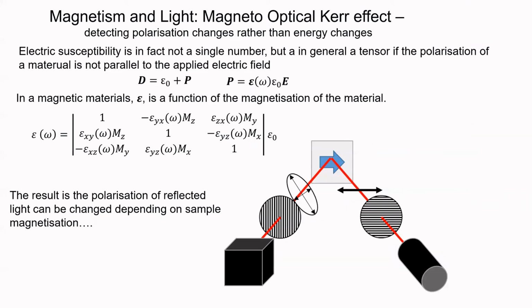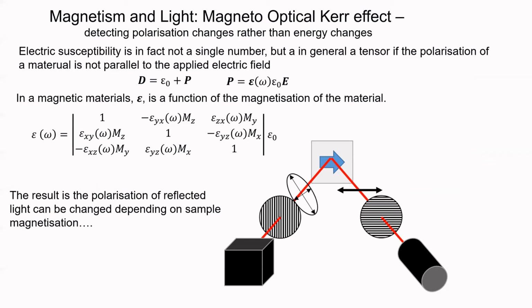Closer to home, and certainly closer to my own research area, here's another example where it's not just changes in energy that you might be looking for. You can also be looking for changes in polarization in a spectroscopy experiment. This is a particular example which uses what's called the magneto-optical Kerr effect.